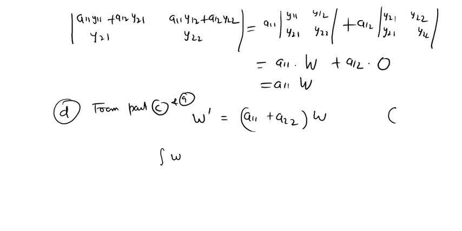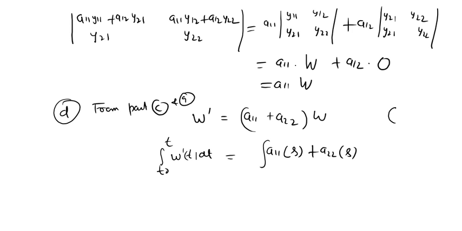So integrate from t0 to t, W'(t) dt equal to a11 plus a22. These are entries, and if matrix A is not constant, they may depend on t.